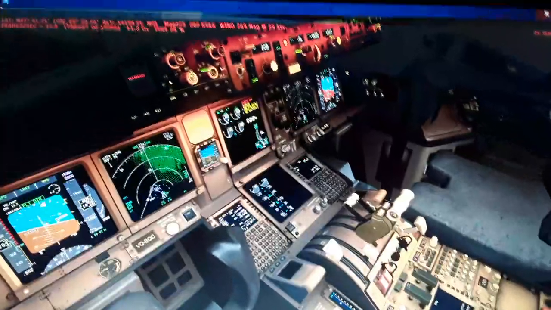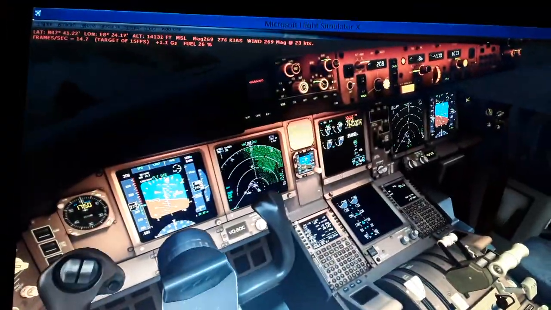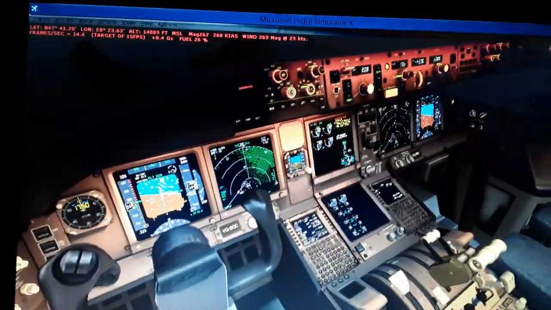So we disconnect also the autopilot and take manual control of the aircraft.